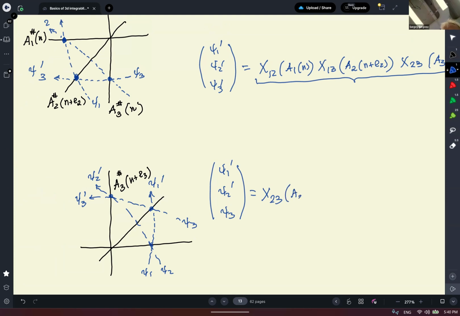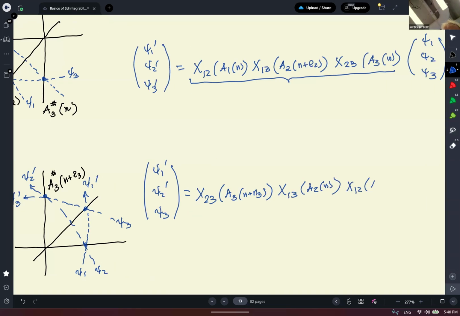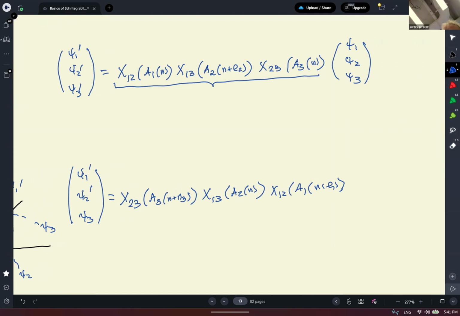Therefore, the argument is a3 of n plus n3, x 1, 3, a2 of n, and x 1, 2 of a1 of n plus e1 times the same left-hand side, right-hand side as before. So that's the solution of auxiliary linear problems.